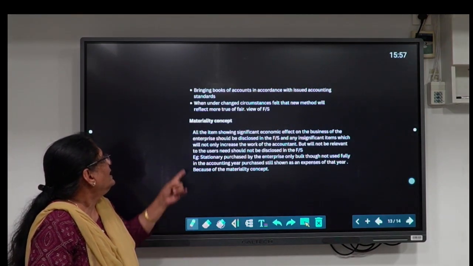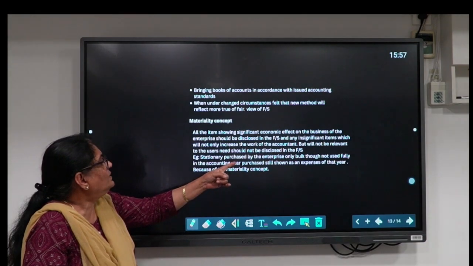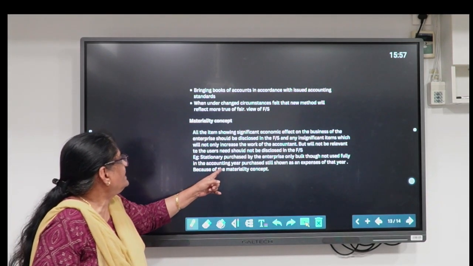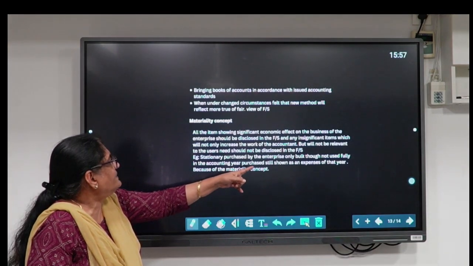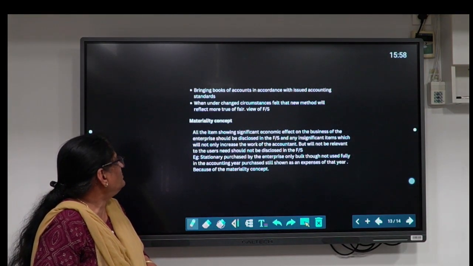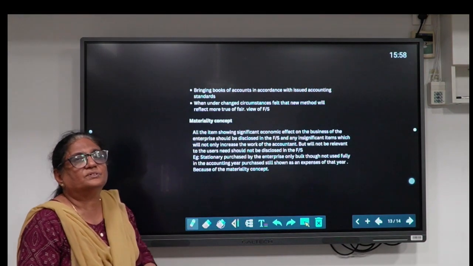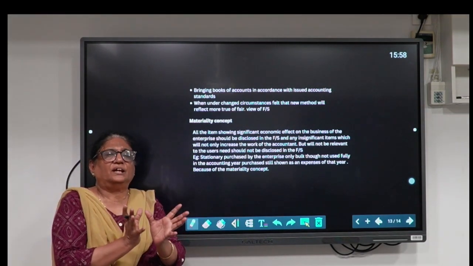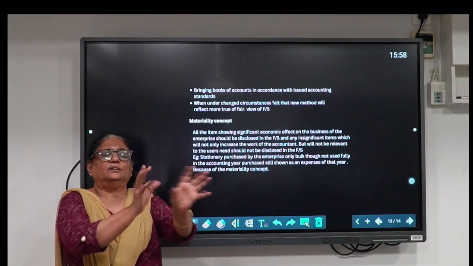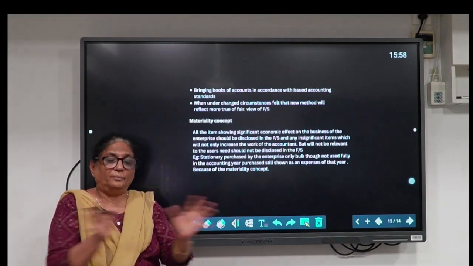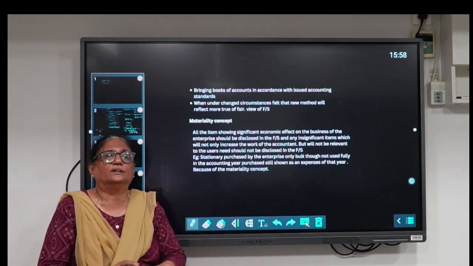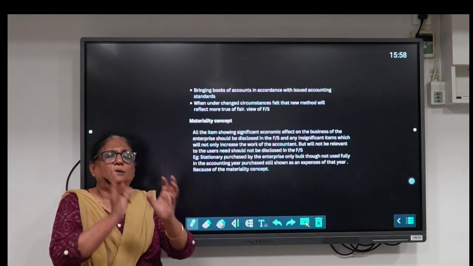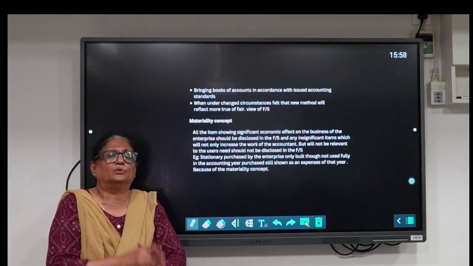Stationery purchased by an enterprise in bulk but not used fully in the accounting year, the purchase is still shown as an expense of that year because of the materiality concept. So there is full disclosure. What stationery you bought, to that extent you show the amount. Don't bifurcate.